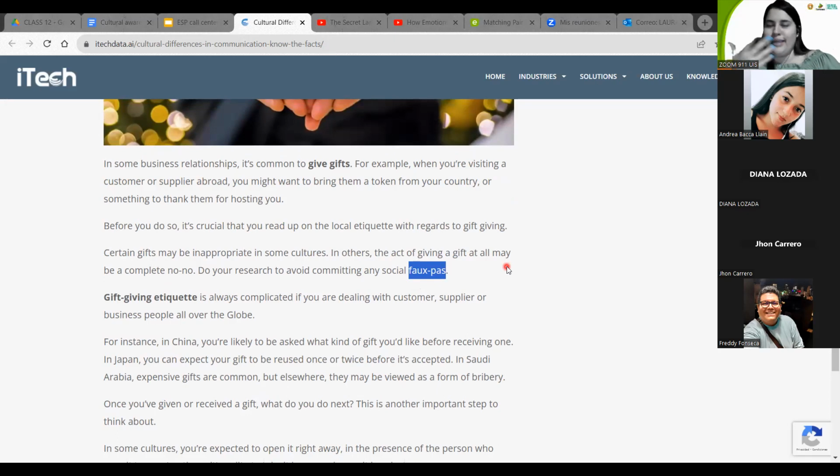That means meter la pata, hay que mirar cómo se ve en ese país, si es normal o si ellos lo perciben de manera okay, recibir un regalo, o si es un no, like that's inappropriate. You're trying to, you know, this is not the right thing to do, or it's a sign of bribery, right? Some people can see that maybe.